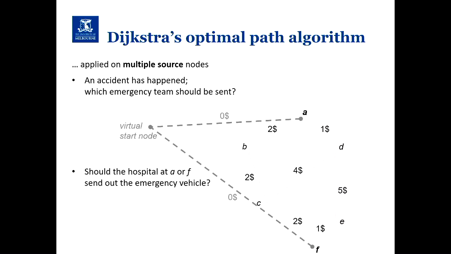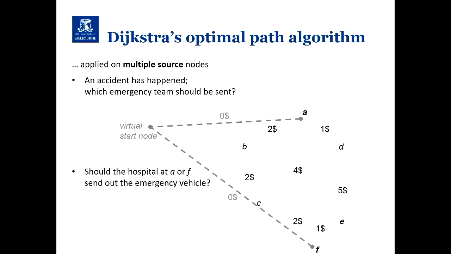So it will be both A and B, but we're starting at one point. The point of this is that we're not running the algorithm twice. We can run it just once. We're only adding one point, but the logic is the same. And then from point A or F, we can decide what is the next cheapest neighbor from the settled nodes, which would now include the virtual start node and A and F.